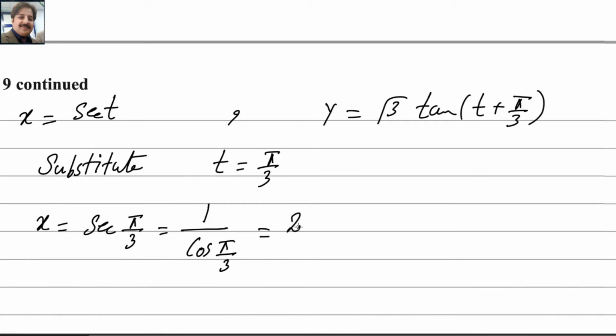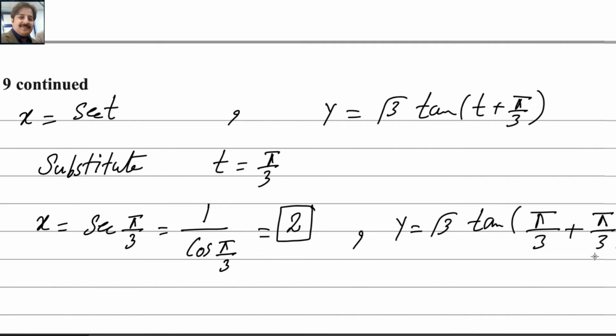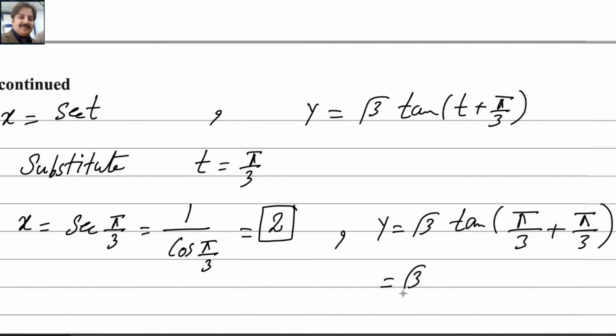The value of x will be 2 because cos pi by 3 is 1 over 2, so 1 over 1 over 2 will be 2. Now y will be equal to square root 3 tan(pi by 3 plus pi by 3), so it will be equal to square root 3 tan 2 pi by 3.